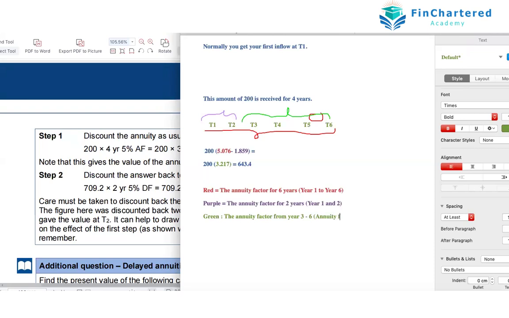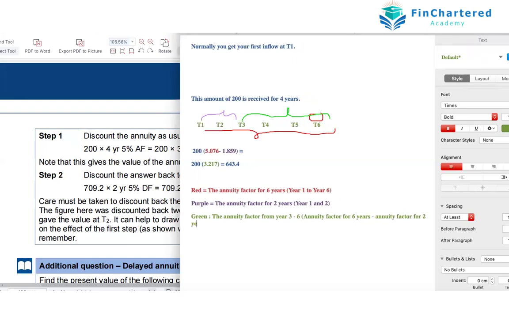Annuity factor for 6 years minus annuity factor for 2 years. The annuity factor for 6 years was 5.076 minus the annuity factor for 2 years was 1.859. So green is the annuity factor for 3, 4, 5, 6. Okay, so I hope this is clear and comfortable to everybody.